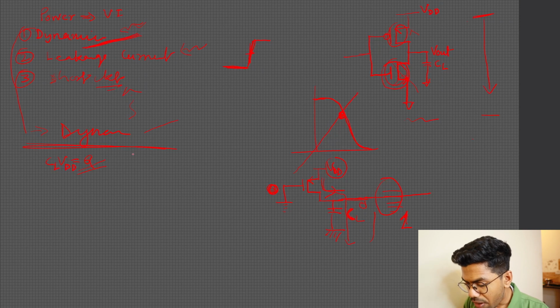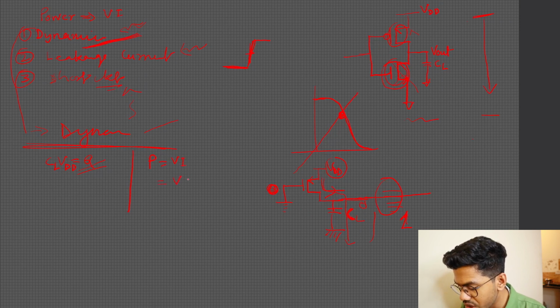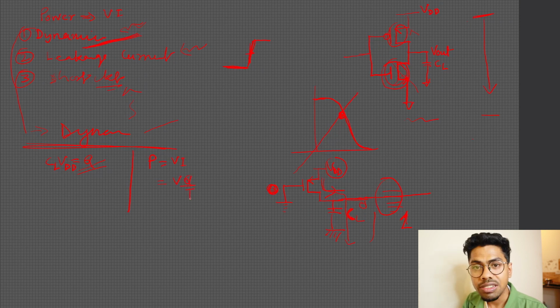And for your power formula, you have P is equal to VI, right? Or you can again say that I is equal to Q by T, charge per time is your current.